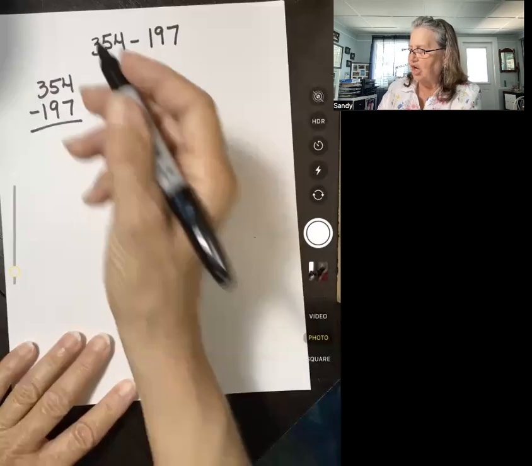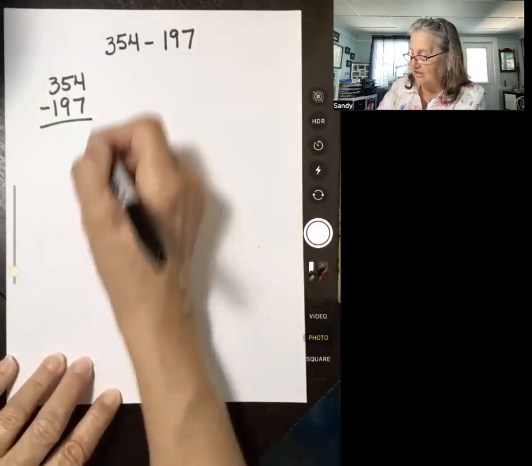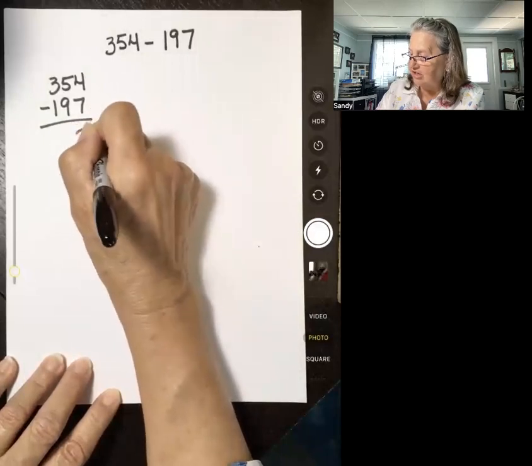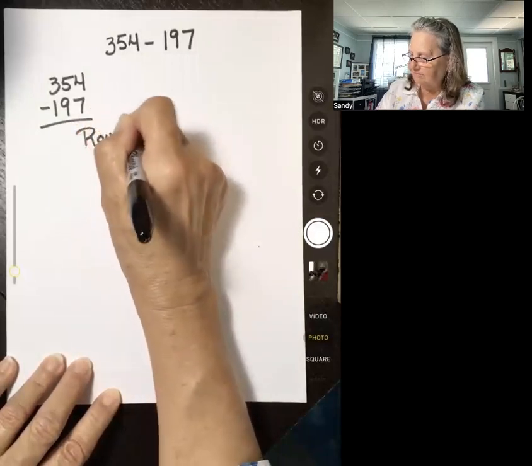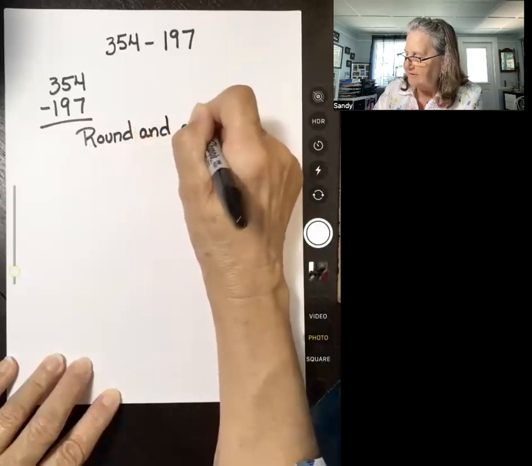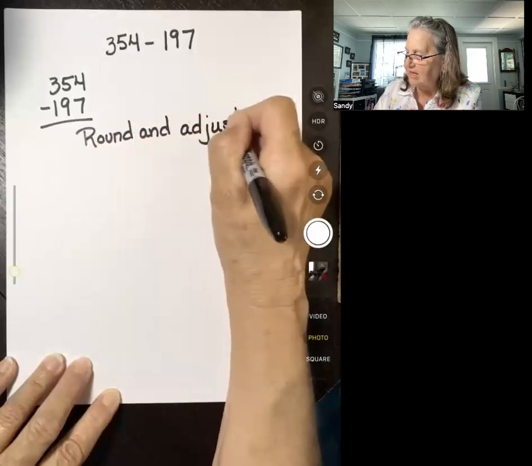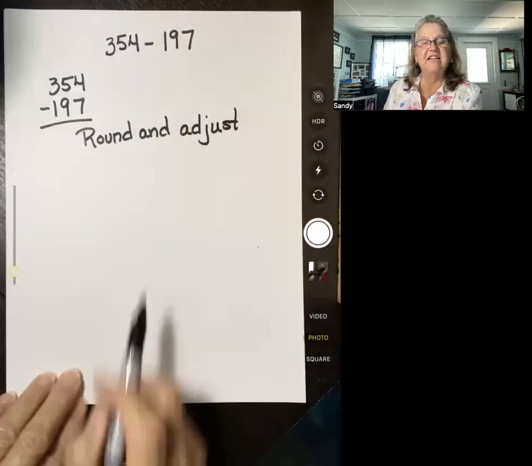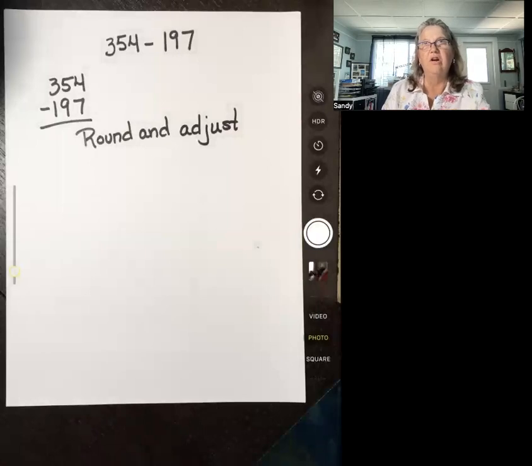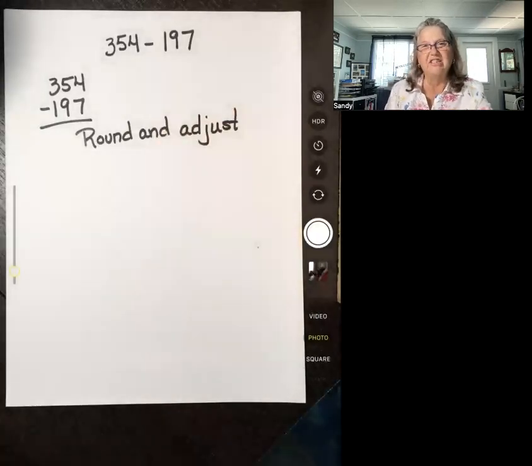As I mentioned, one strategy is called round and adjust. So we'll look at the round and adjust strategy. And I'd like you to think about, let's say, 97 cents.